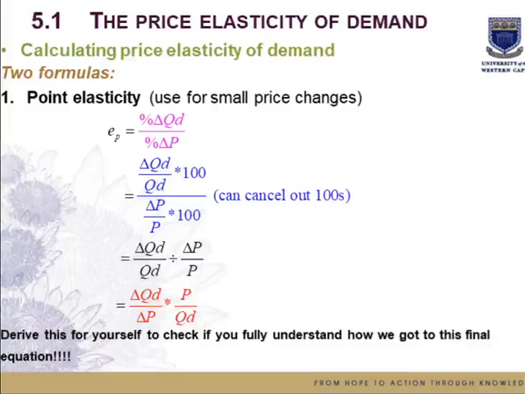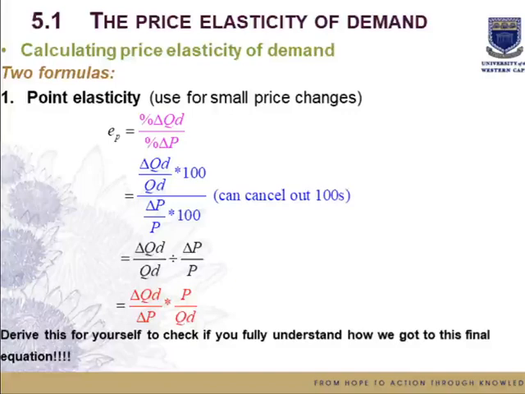If we expand the numerator and the denominator of this equation, you will find that in the numerator you have the change in quantity demanded divided by QD multiplied by 100, whilst in the denominator you have the change in P divided by the price multiplied by 100.